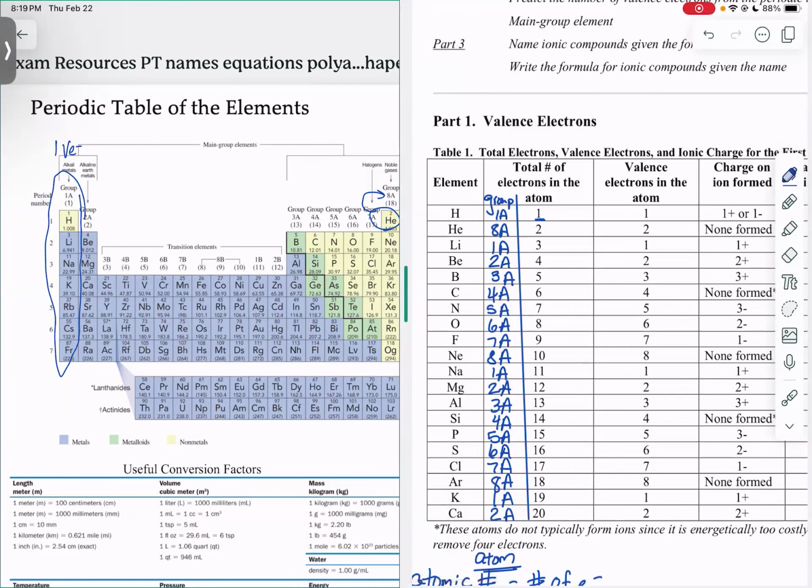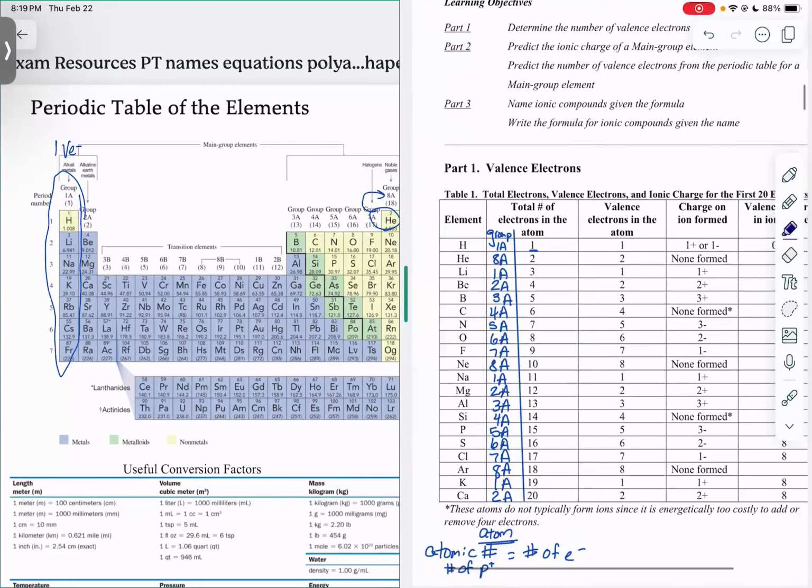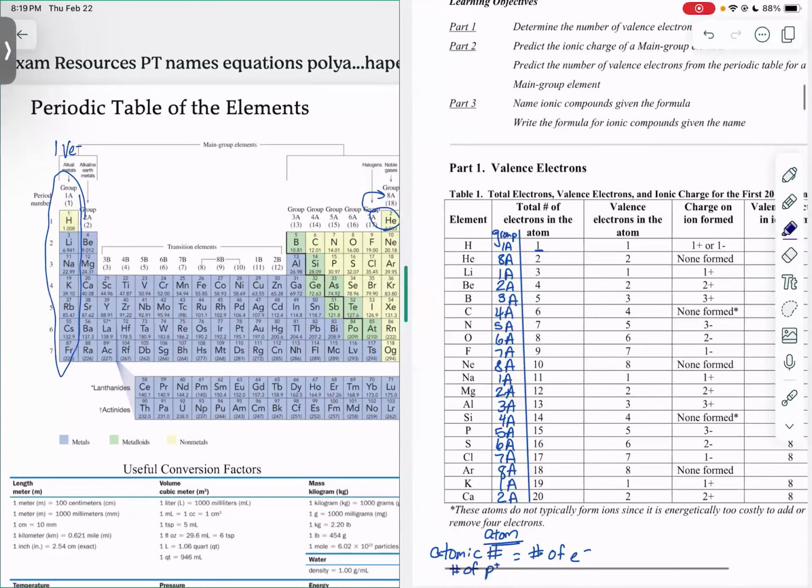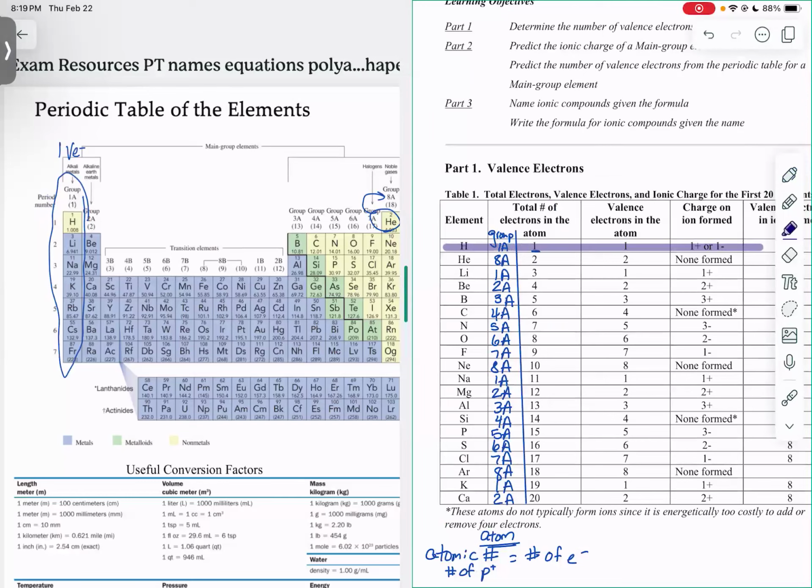If I go and find any of these columns that have elements in group 1A, then another 1A, and another 1A, what do you see in common with all of these 1As? Regardless of the total number of electrons in the atom, every single element in group 1A has 1 valence electron. So it's 1 electron in that outer valence shell.